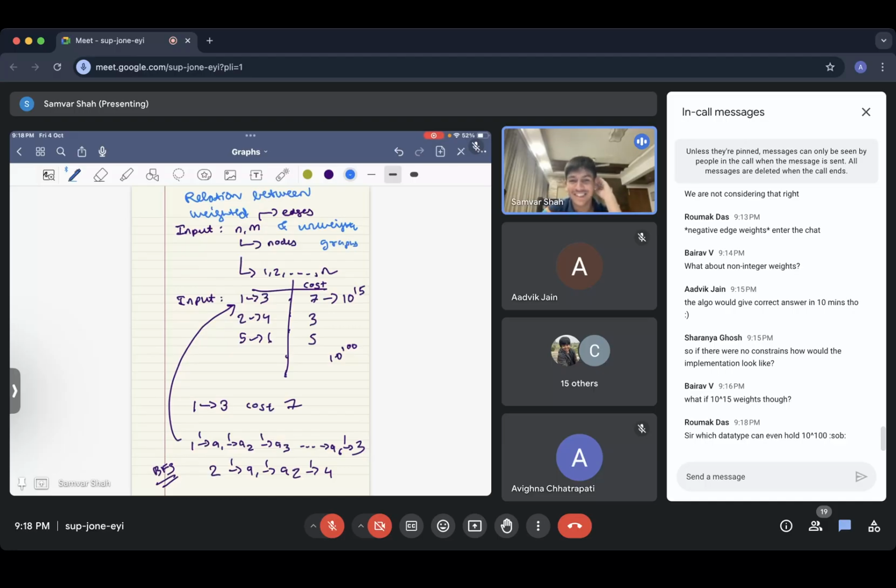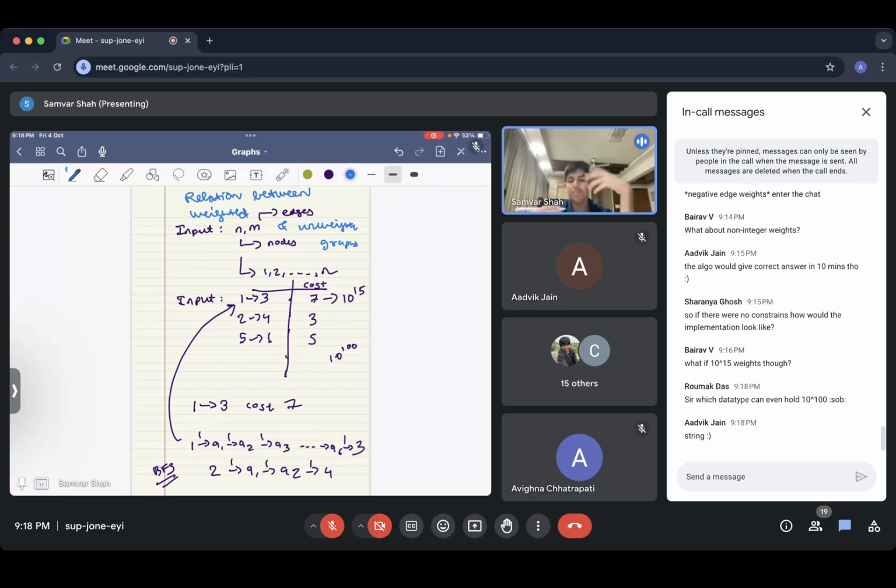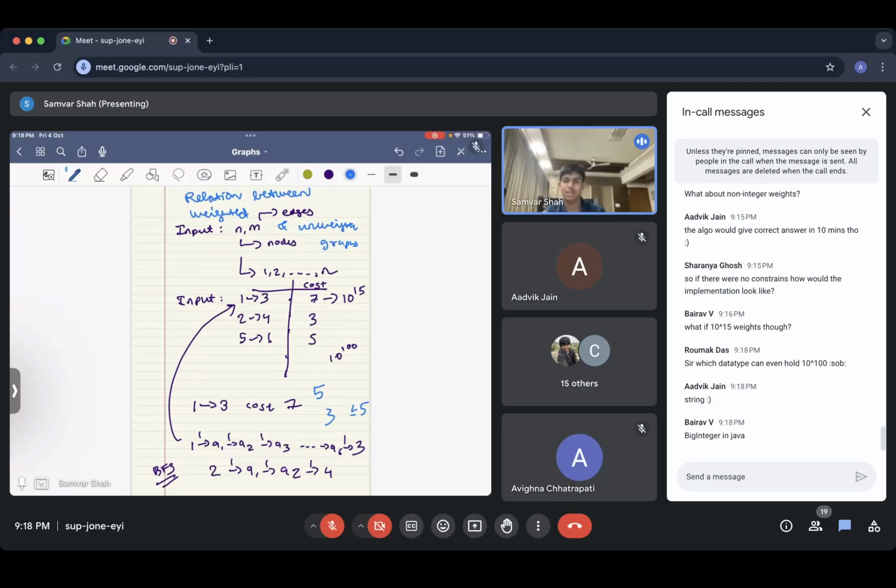I have not discovered any data type which can hold that, which is why this is not plausible for high values. It's only plausible for cases where we are saying there are five nodes and three edges and cost is like less than five and stuff like that. This is just a theoretical thing which explains the conversion from a weighted to an unweighted graph. I hope this made sense.